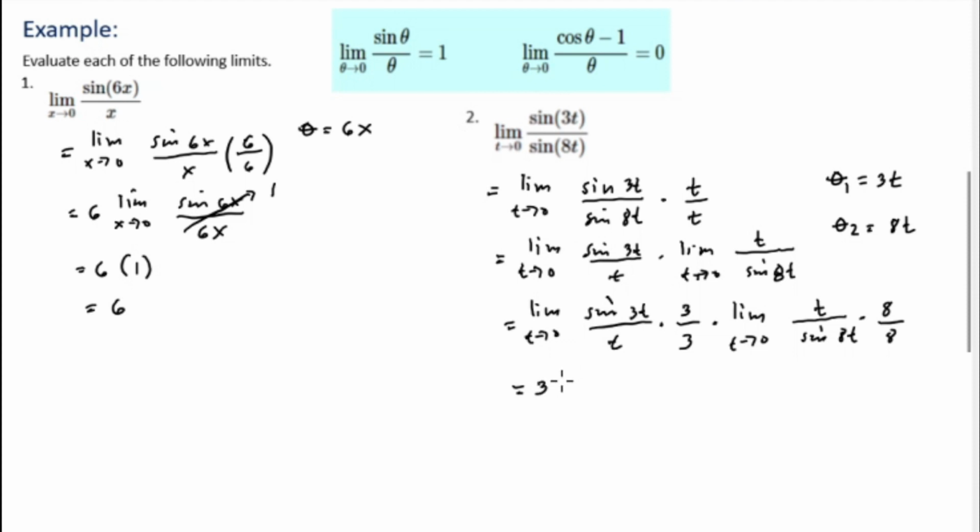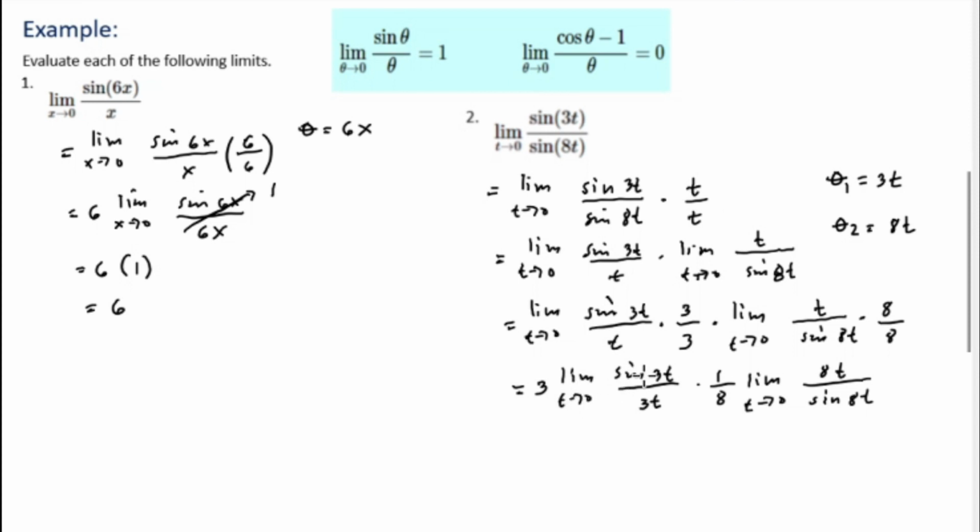So we have 3 times the limit of t approaches 0 of sine 3t all over 3t. Extract the denominator, which is 1 over 8, and the limit of t approaches 0 of 8t all over sine 8t. And that's the time we substitute the value of t approaching 0, based on the rule that the limit of sine theta over theta is equal to 1.